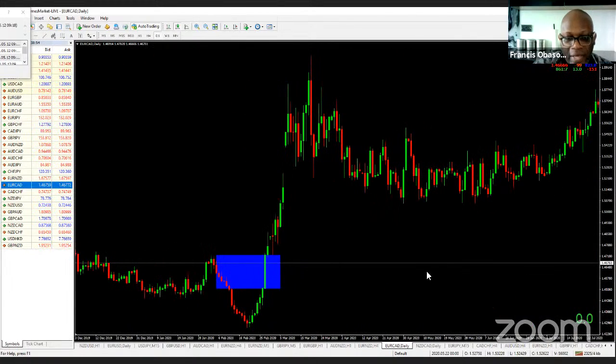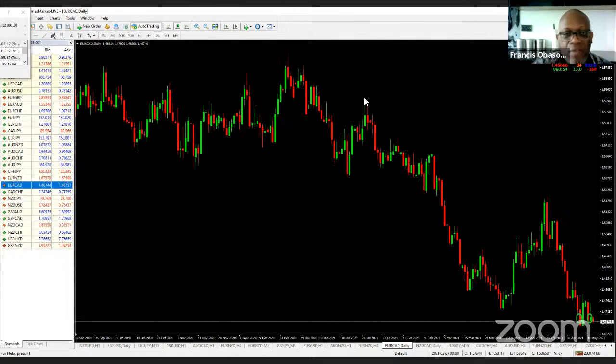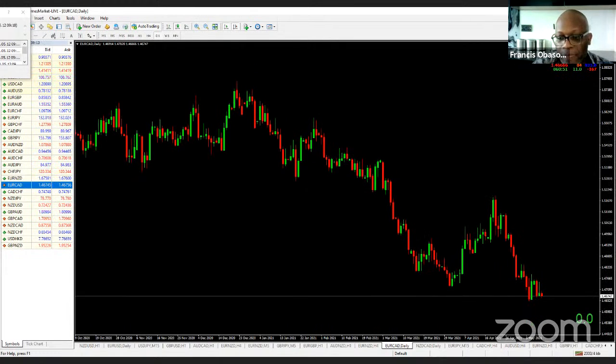Oh yeah, if the price breaks, this is where the price is now. You can see there are clean candles to the left. If the price breaks that area, if it breaks below where it is now, you can be sure it's going to keep going down.